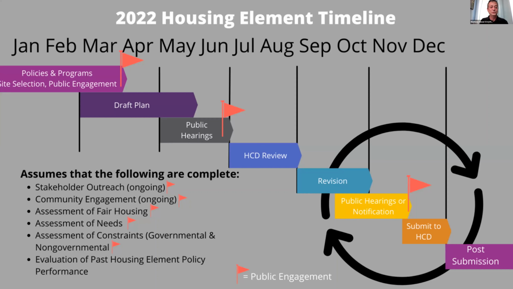And this assumes that there's been significant outreach already, that we've done our assessments of housing needs and fair housing constraints, the assessment of constraints on development and evaluation of past housing element policy. And we're really moving into this final stage, which may or may not be the middle of this process, where there's a back and forth with the states and the cities and the community. If we could now go to the next slide.